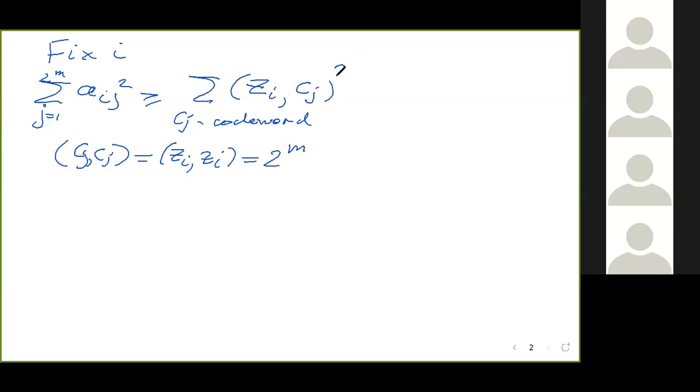I forgot to square it, and let's normalize them, dividing by their norm, which is 2 to the m over 2, and also multiply by 2 to the m. So, and now we can use the Parseval inequality, because now the normalized Cj are pairwise orthogonal, and all they have norm 1.